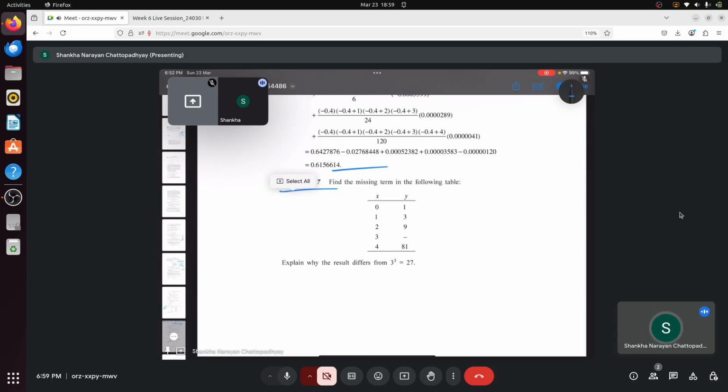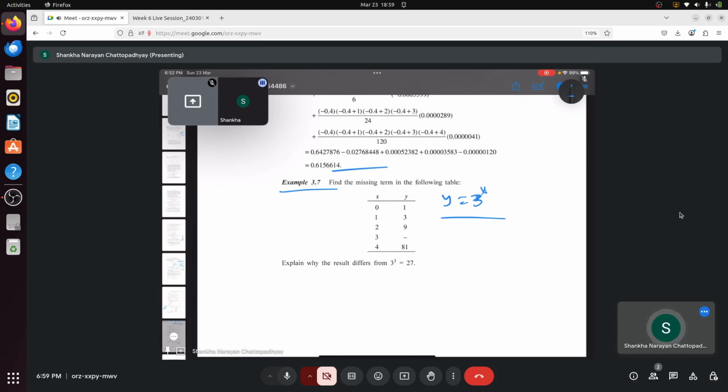You just see, the function is basically y equal to 3 to the power x. You need to see here, 3 to the power 0 is 1, 3 to the power 1 is 3, 3 square equals 9, 3 cube equals 27, and 3 to the power 4 equals 81.